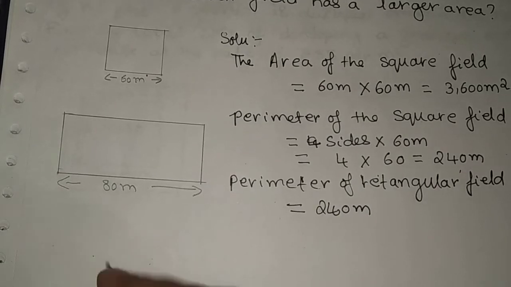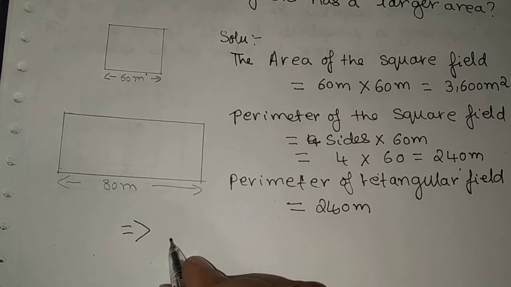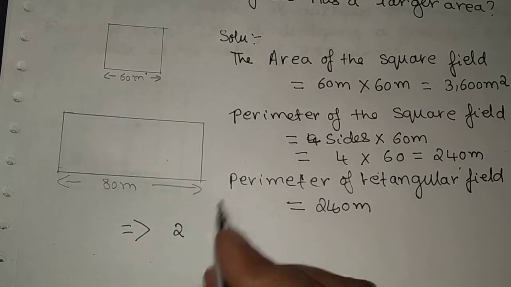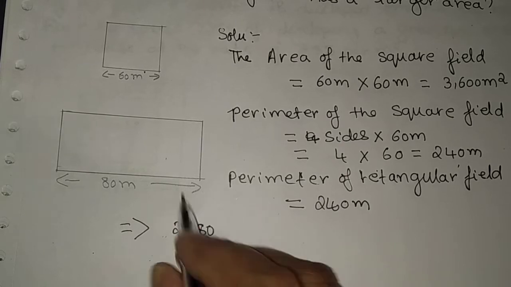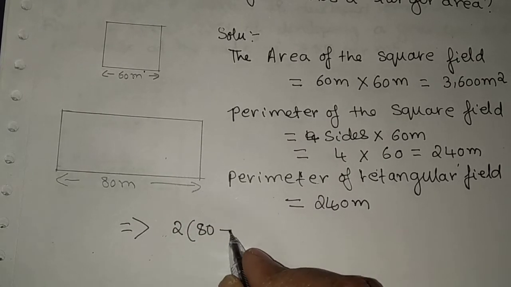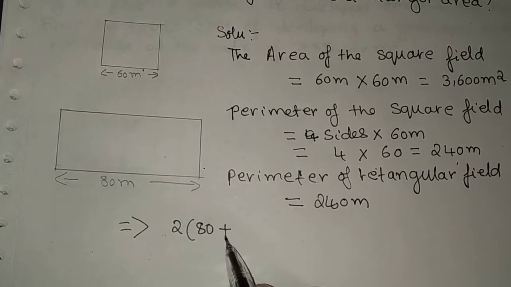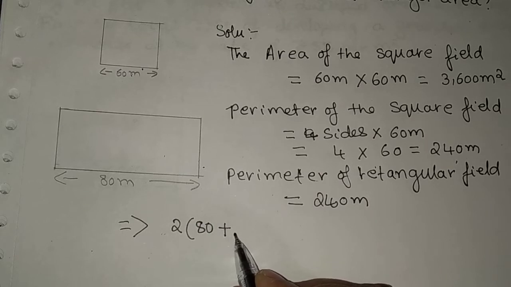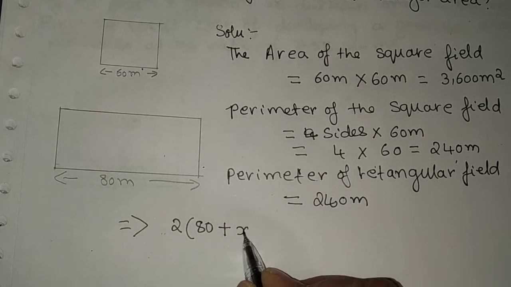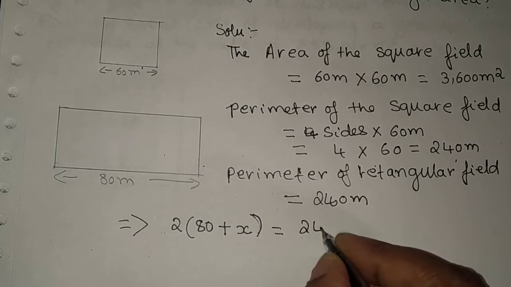Next, we have this one, 80. Therefore 2 into 80 plus, we don't know this one, so we have to find out this one. Take it as x is equal to 240.